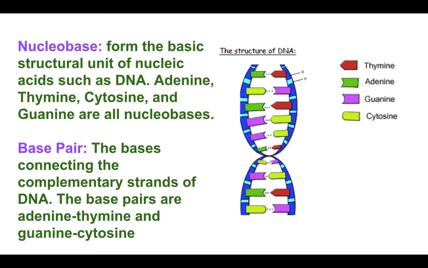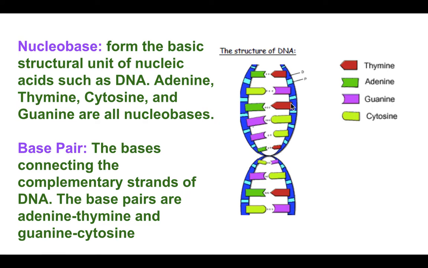So more specifically, a nucleobase, we're talking about all those steps. If you look at that diagram, all the red, the pink, the green, and the yellow are bases. So a nucleobase forms the basic structural unit of nucleic acids such as DNA. So adenine, thymine, cytosine, and guanine are all nucleobases.